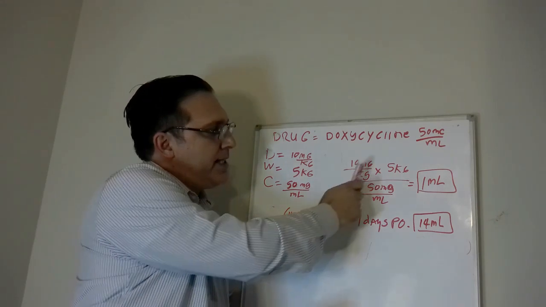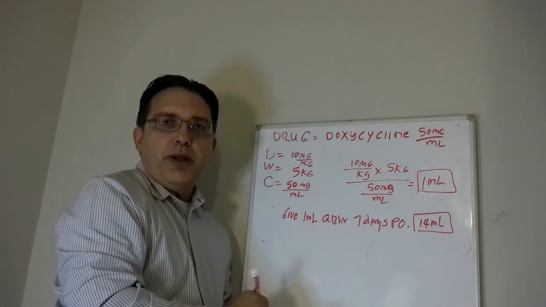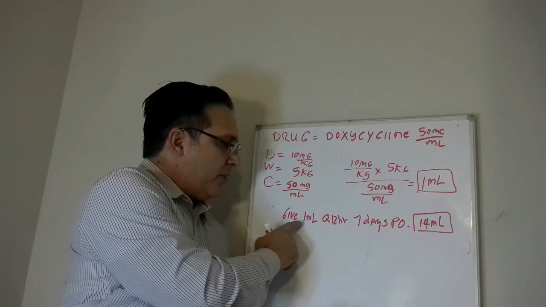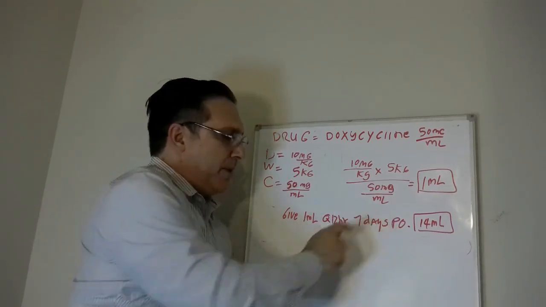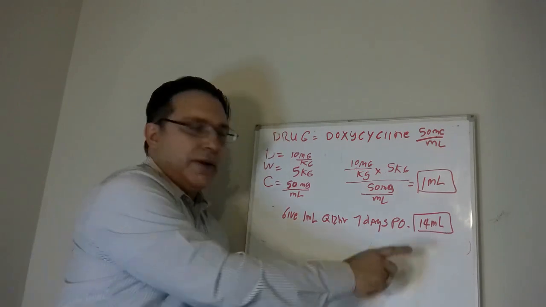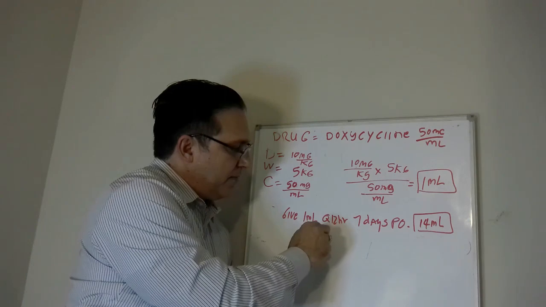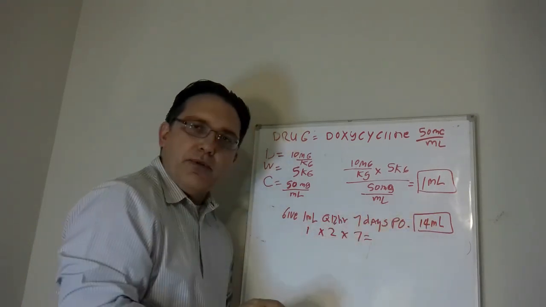Okay. 10 times 5 divided by 50 is 1 ml. So we're going to dispense 1 ml doxycycline. Give 1 ml every 12 hours for 7 days by mouth. So to calculate this 14, we get 1 times 2 times 7. And that's how you get the 14.